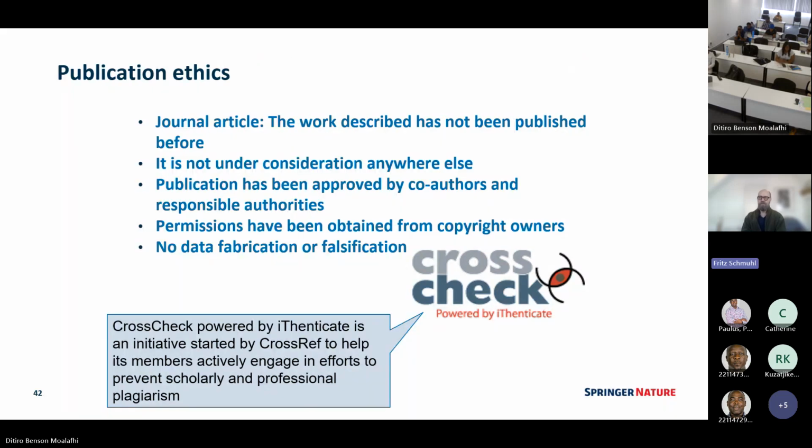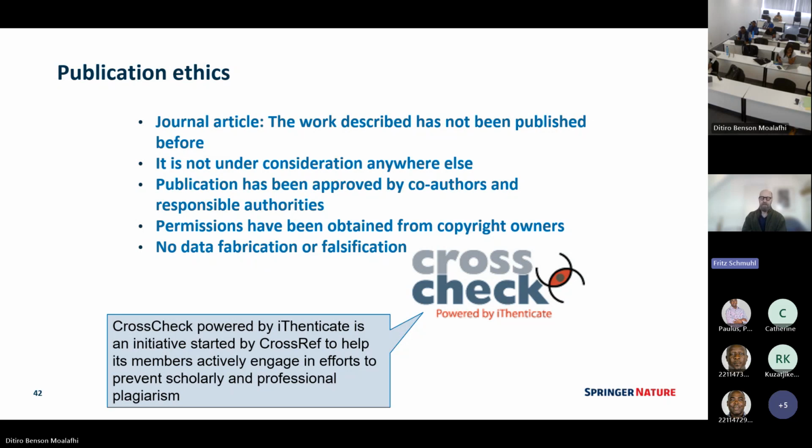So, very important to just read it, to recap on a couple of points. Again, an article is submitted to a journal, and very importantly, an author does say, yes, I can confirm the article has not been published elsewhere, and yes, I can confirm it is not being considered, meaning it's not being considered by a journal for review, and it also means it's not been accepted to be reviewed elsewhere.